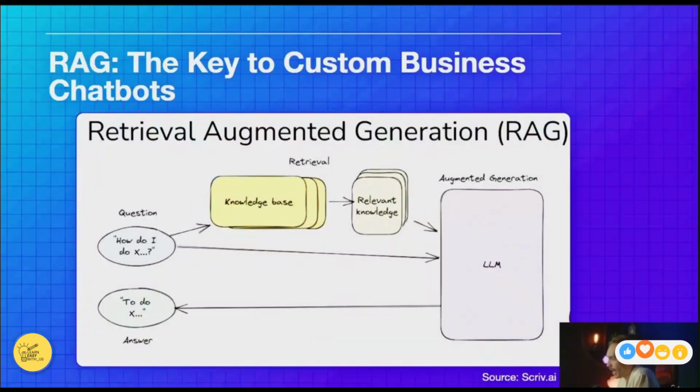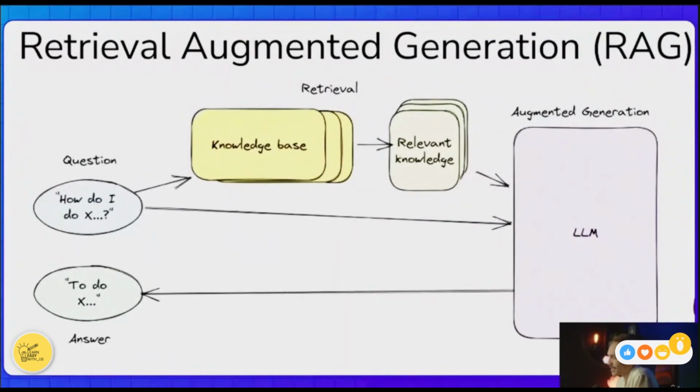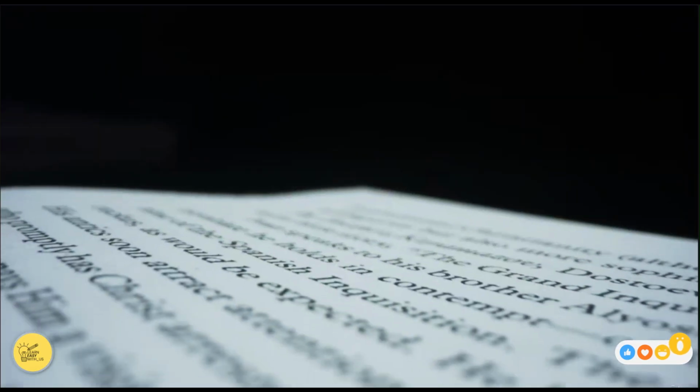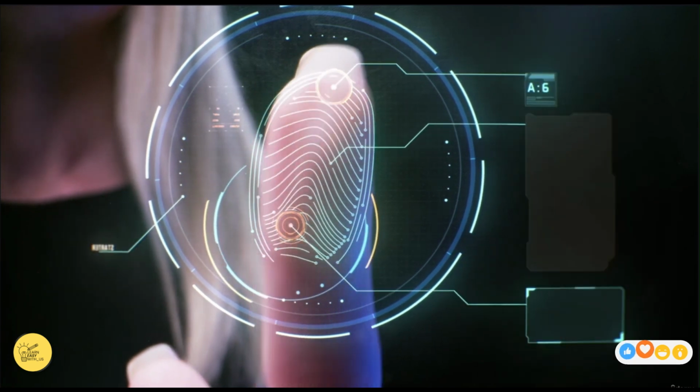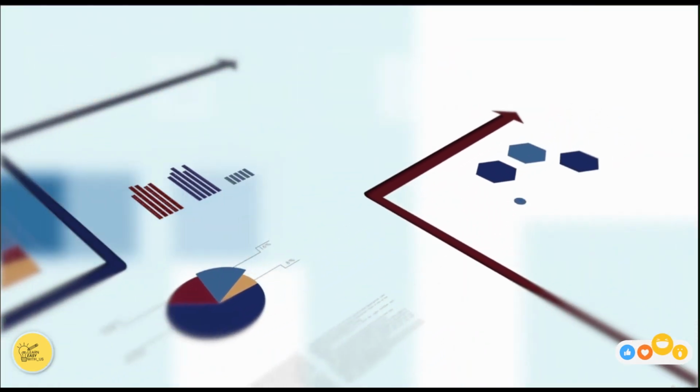Let's break down how RAG processes a question step by step. When someone asks, "How do I do X?" RAG starts by converting that question into a unique digital code called an embedding. Think of embeddings as keywords or digital fingerprints that help the system understand the meaning and intent of the question.